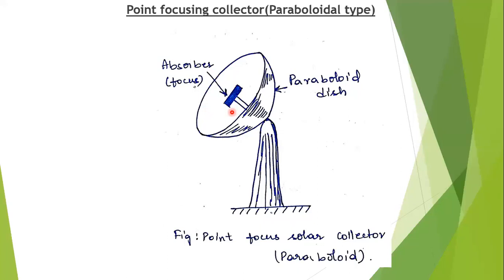The absorber located at the focus is a cavity made of zirconium copper alloy, and it is also coated with black chrome selective coating. Remember, every absorber is coated with black chrome. And the heat transport fluid flows into and out of the absorber cavity through pipes bonded into the interior.